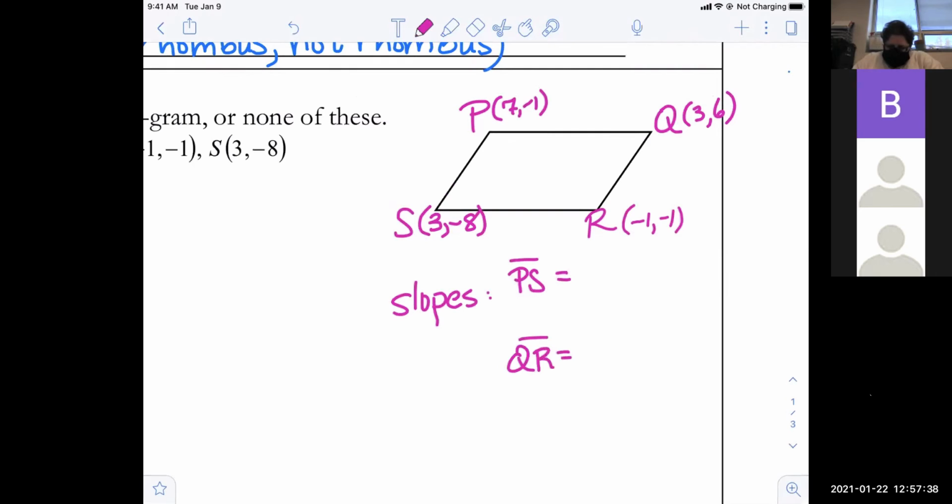All right, so PS is -8 plus 1 over 3 minus 7, so -7 over -4 is 7/4. And then for QR, 6 plus 1 over 3 plus 1, 7/4.